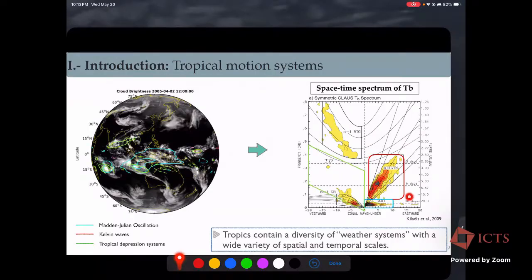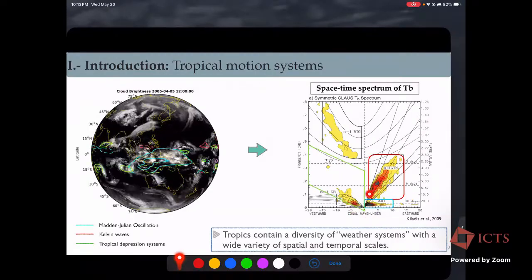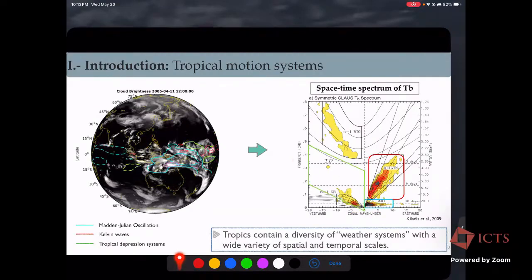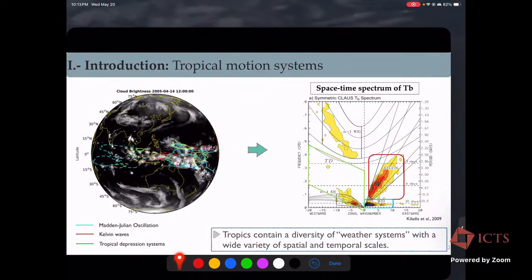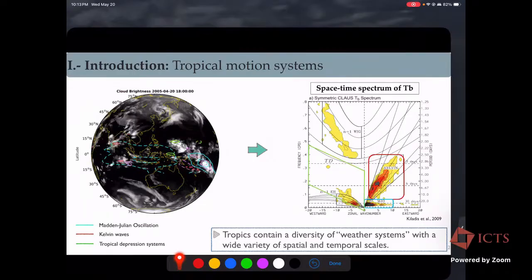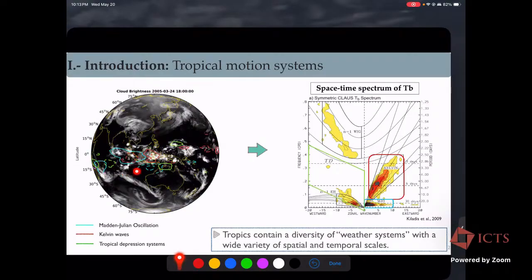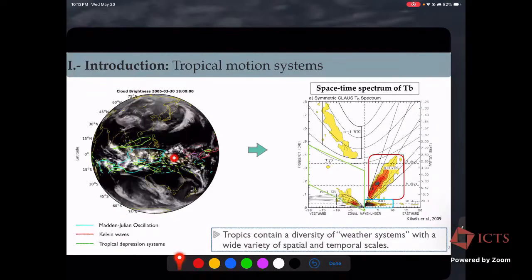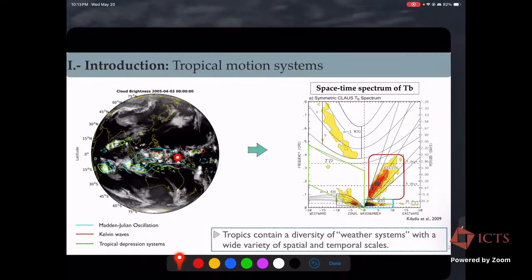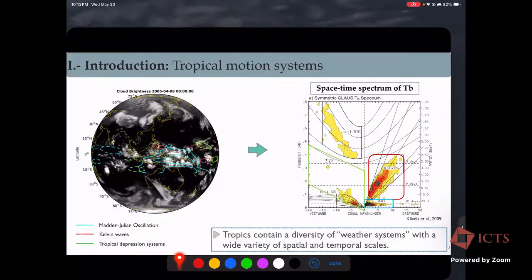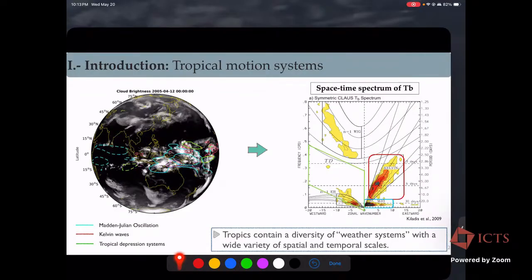But if you extract the information, for instance, of these disturbances, in this case the Madden-Julian oscillation, and plot it together here in this animation, you will see that a large portion of the convection is fairly well organized by this Madden-Julian oscillation, which is propagating eastward, impacting precipitation not just over the tropical region, but also around the world.